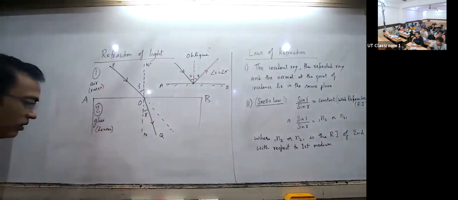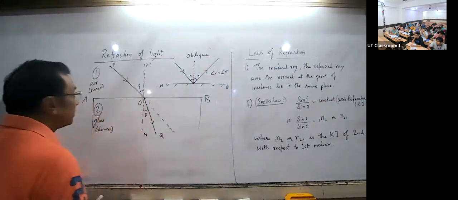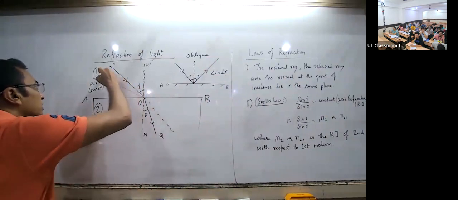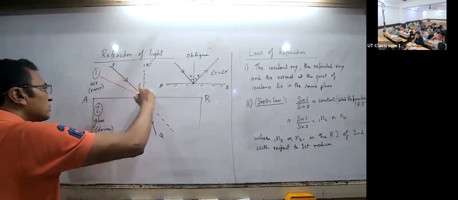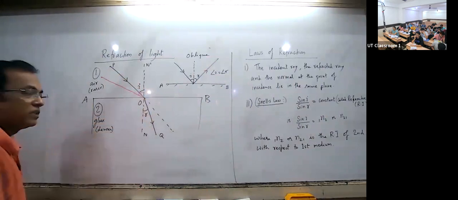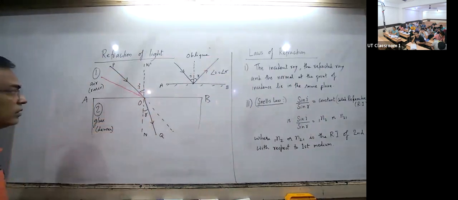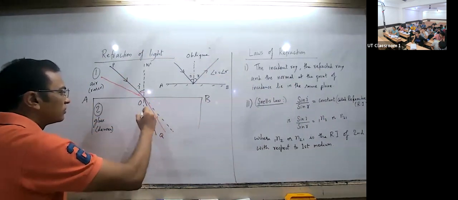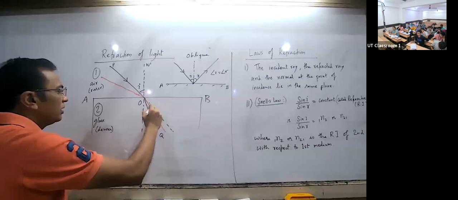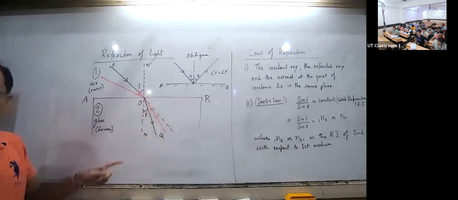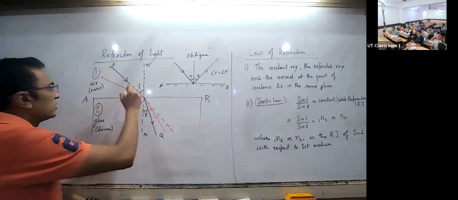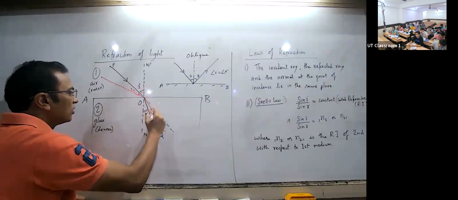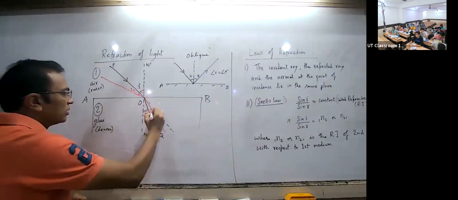What does it mean? It means if I now change the angle, let us say I increase the angle, and now the ray is incident along this, so I have a different angle of incidence, right? Then it will have a different angle of refraction. Let me call it I2, and this R2.